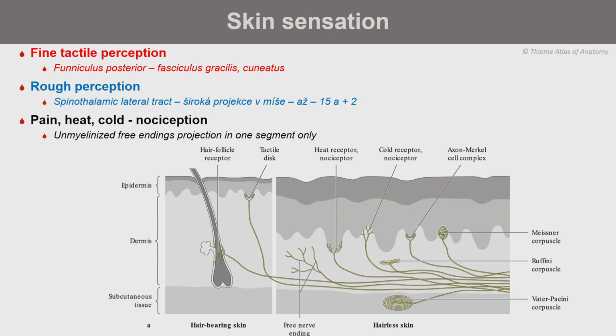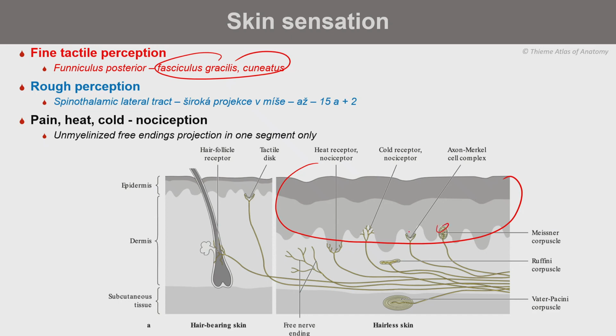We have a fine tactile perception. Fine tactile is typically where you have no hair, palms and plant foot. Those are feelings from this skin, which has a very thin layer of epidermis.